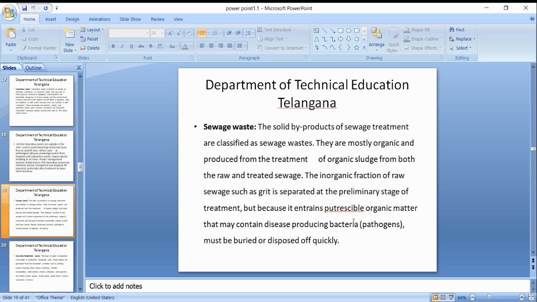Because of its beneficial organic matter, it may also contain disease-producing bacteria, so it should be buried. Generally for sewage waste we use sanitation septic tanks like that.